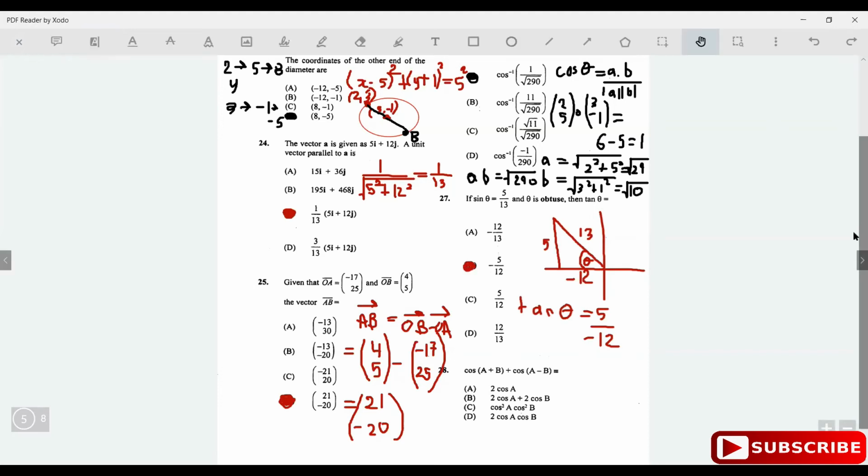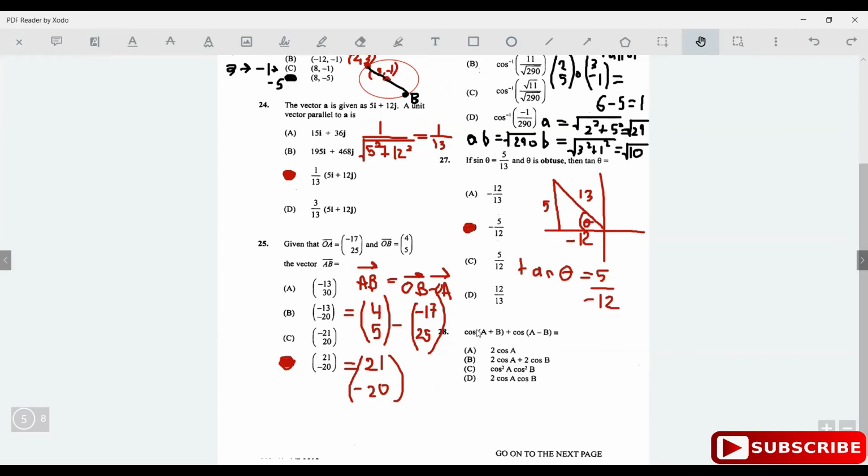Question 28 says we need to work out what this is. We're going to use the compound angle formula to do this.